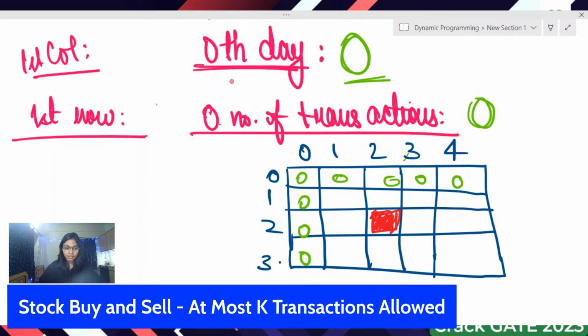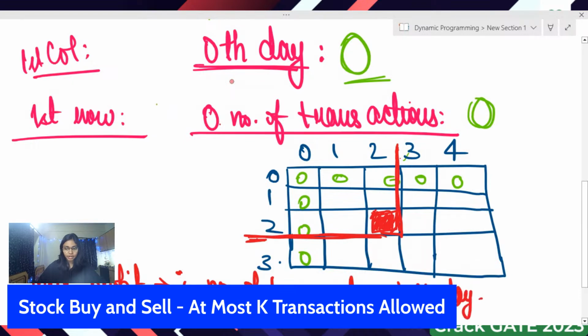This will signify the maximum profit that you can have when you have already made two transactions. This is the row value, the number of transactions you had already made, and you are on the jth day.